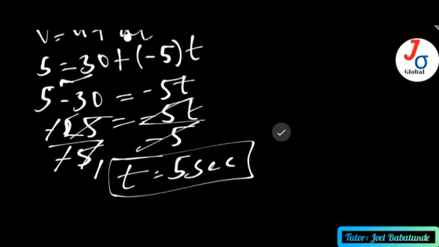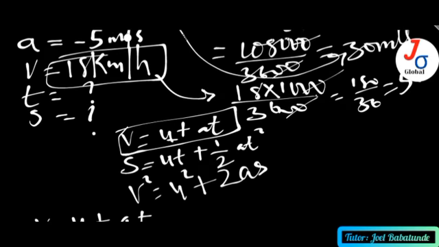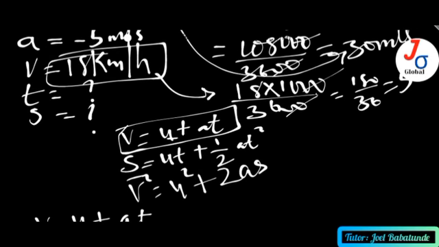Then the second question says that we should find the distance covered. So now we're going to look at the two formulas that have distance, this and this. Which of them should we use? If you use this one, we have u, we have t, we have half at squared, but we might get into problems because we might have to factorize, and I don't want to do that.